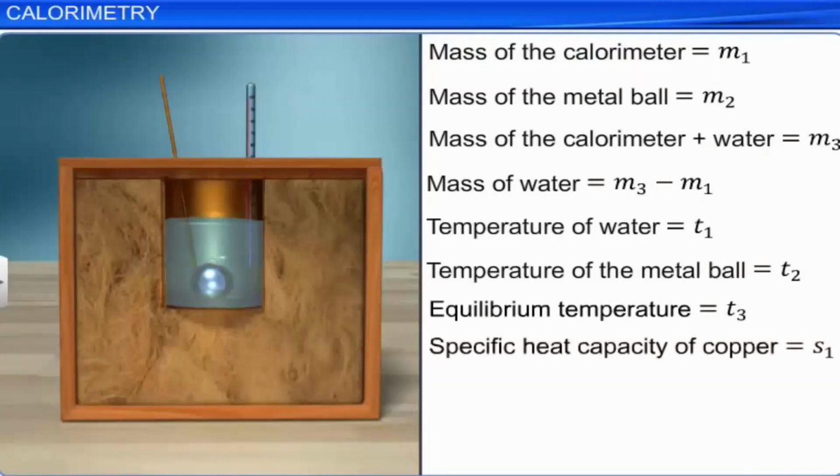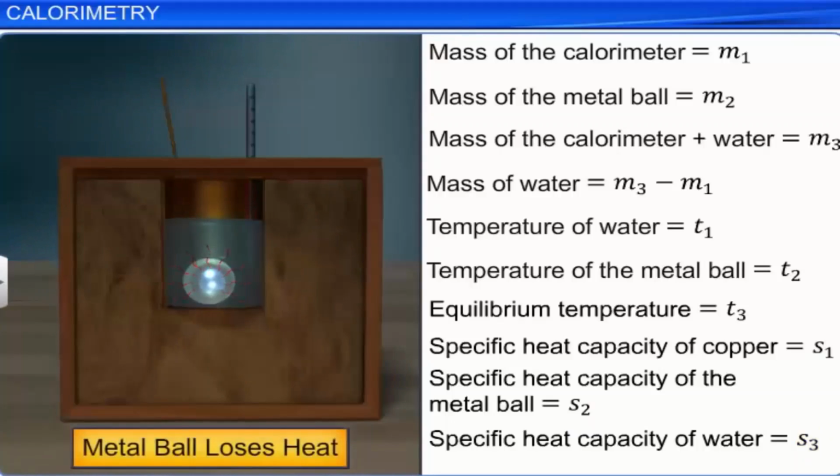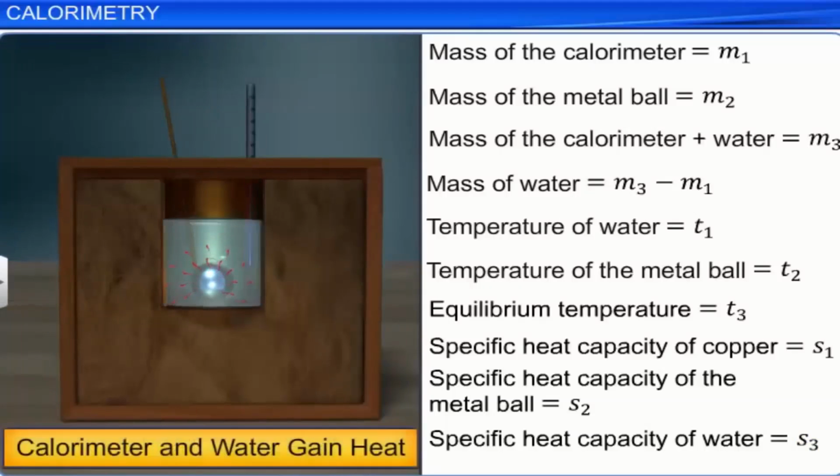Let the specific heat capacity of the copper, metal ball and water be S1, S2 and S3 respectively. Here, heat is lost by the hot metal ball and gained by the cold calorimeter and water.